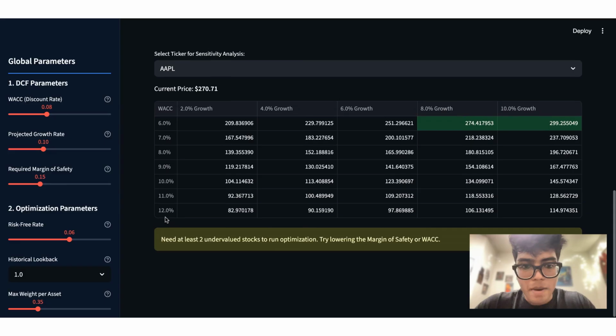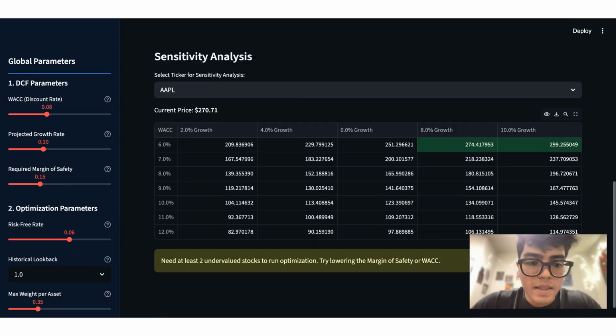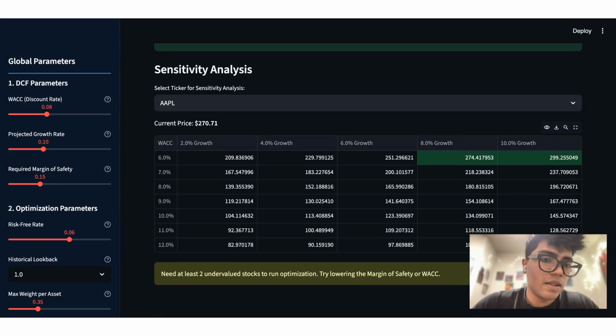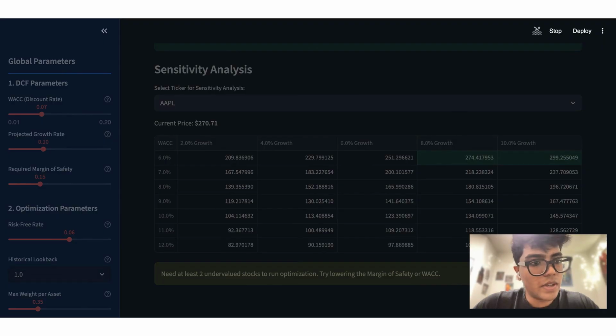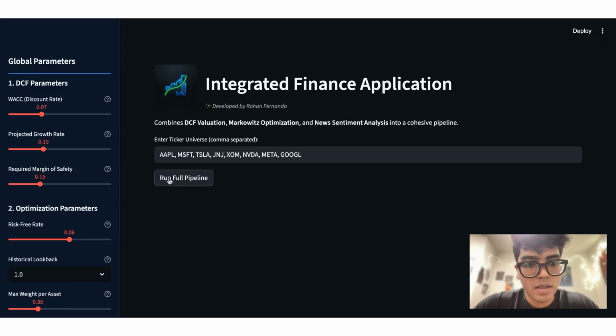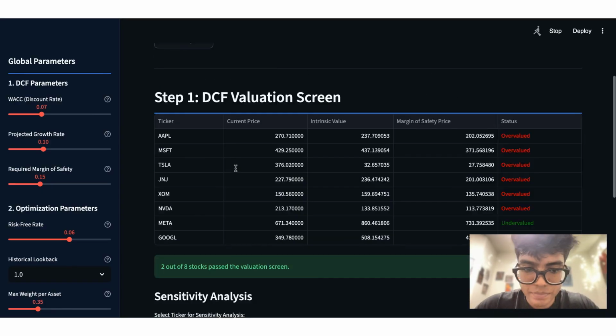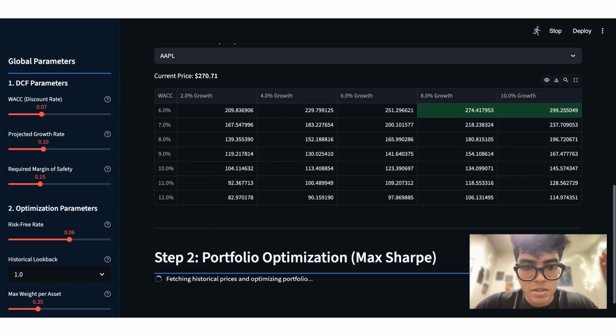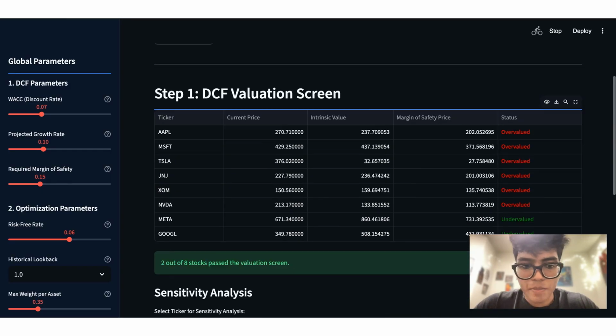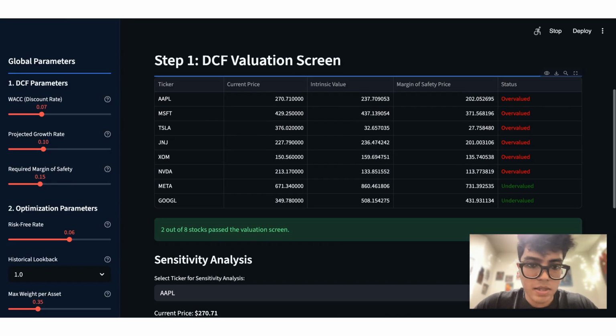But for it to move towards the optimizer, we need at least two stocks to pass our test initially. Let us move it to 0.07, which is a 7% discount rate. Now we can see two. Meta and Google are both undervalued by our metrics.